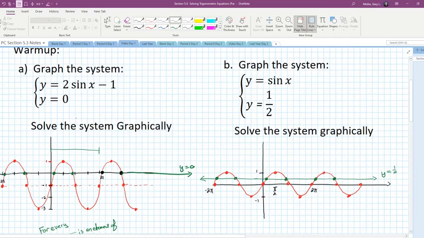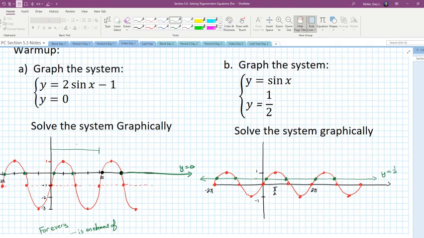Find out where they equal each other. In other words, find out when does 2 sine x minus 1 equal 0. In other words, this is me just asking you to find the x-intercepts of the graph. You can see that there are 2 every time the wave does one full revolution. And so if we go on forever, we're going to have an infinite number of x-intercepts. So what we're going to talk about today is how to find those and then how to answer the question.